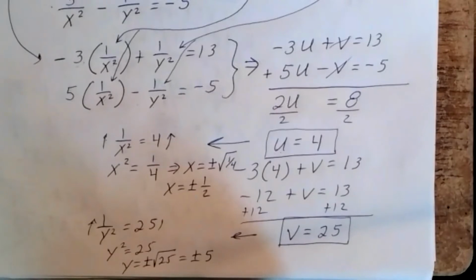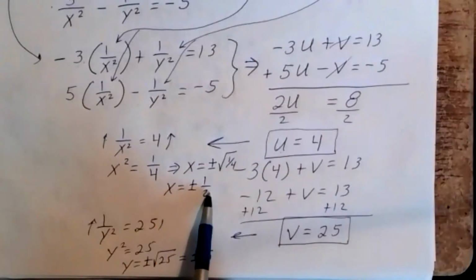So I have a question for you. How many different solutions are we going to have to this system? 4. We will have 4. You are correct. Because x could take on any one of these two values, and y could take on any one of these two values.